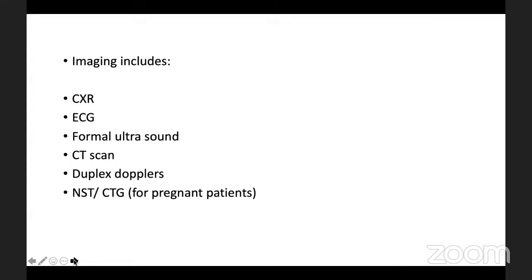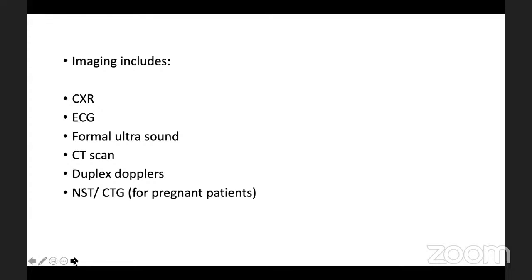And then once we have done a side room ultrasound, it's important for us to get a formal ultrasound as well. If warranted with the malignancies, maybe checking for metastasis, it would be advisable to do a CT scan. We also know that we can have patients that present with DVTs, malignancies again, mostly.